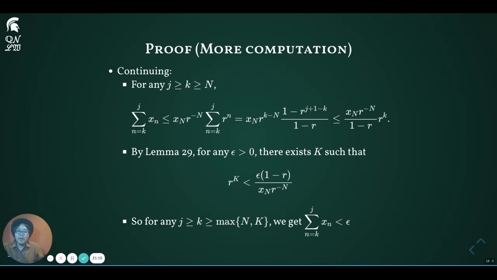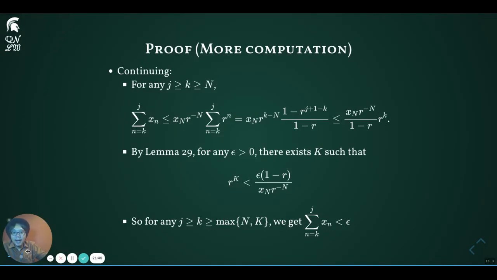So we just drop the numerator and end up with the final expression. The advantage here is that this expression is some fixed number times r to the power k, where the fixed number is x sub capital N times r to the minus n power divided by 1 minus r, and is entirely independent of k.